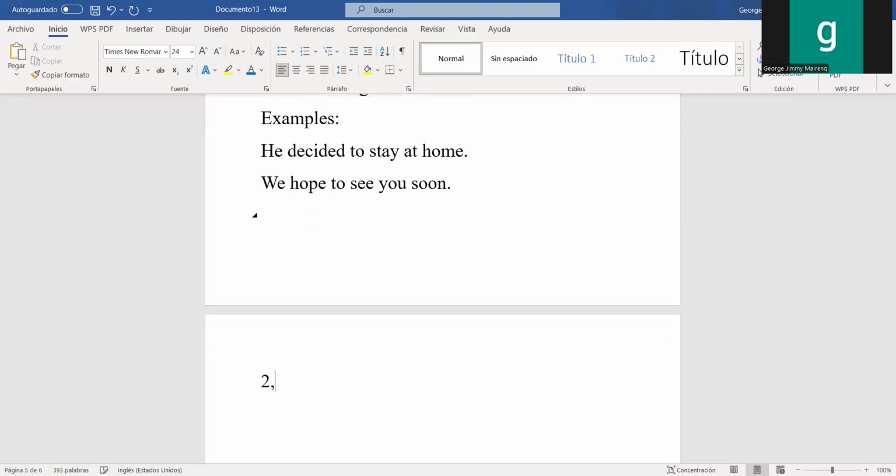Okay, after this, we got rule number two. In rule number two, we have to use infinitive after adjectives. As you know, folks, adjectives are words that describe the noun, right? So let's see some examples.